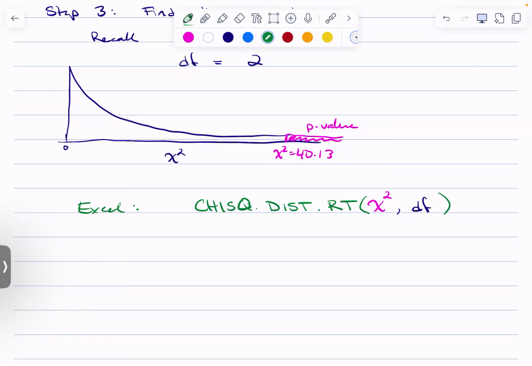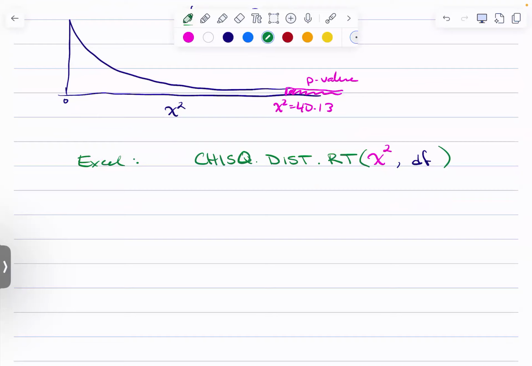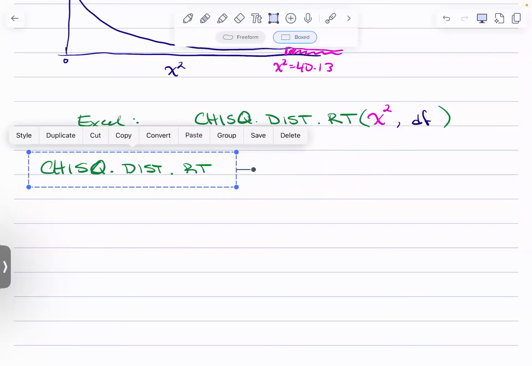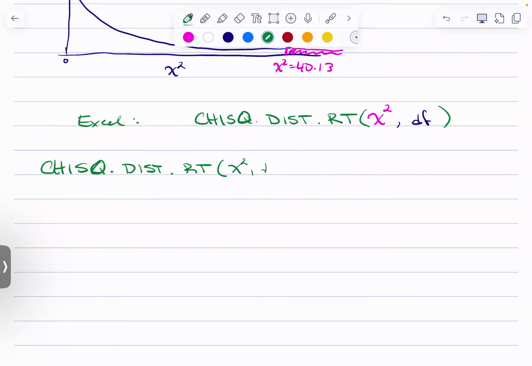So if we do chi-squared dot dist dot right tail of chi-squared and the degrees of freedom, that is the same as 1 minus chi-squared dot dist of the chi-squared at that degrees of freedom. The right tail just does that 1 minus for you.